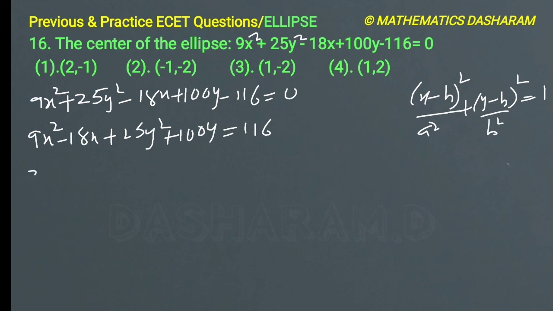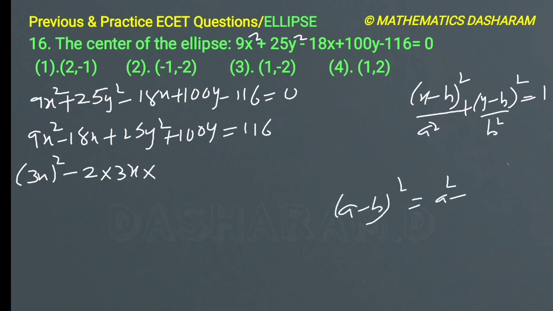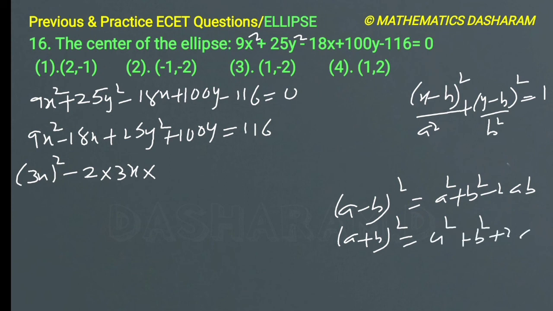Next, 9x square can be written as 3x whole square, and 18x means 2 into 3x into something, because what is the a minus b whole square formula? a square plus b square minus 2ab. Next, the a plus b whole square formula, a square plus b square plus 2ab.